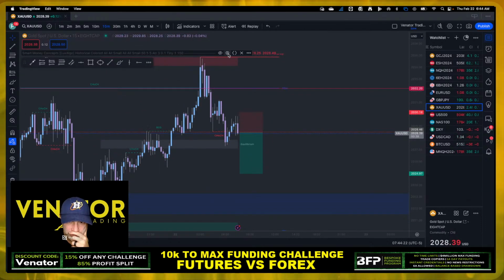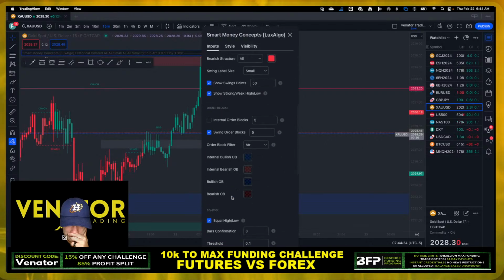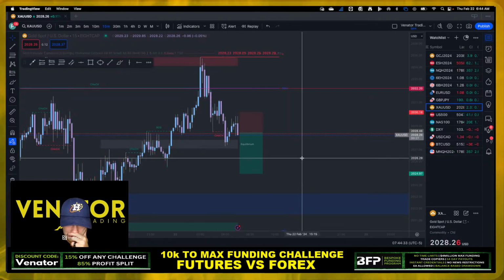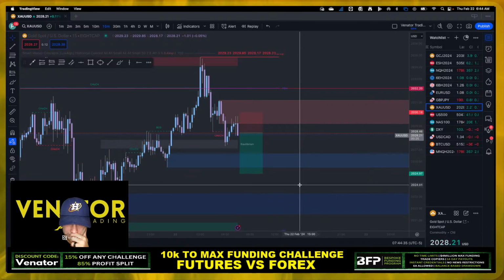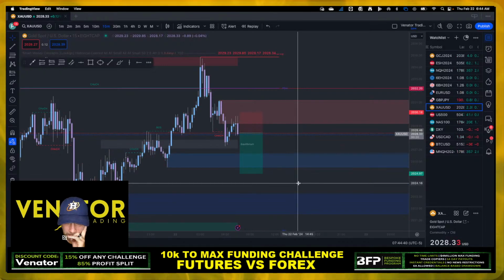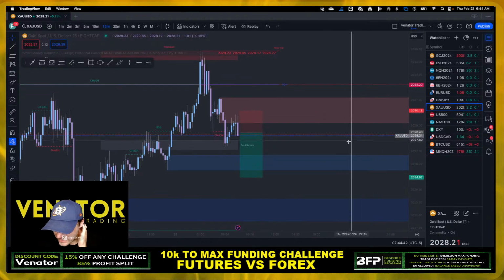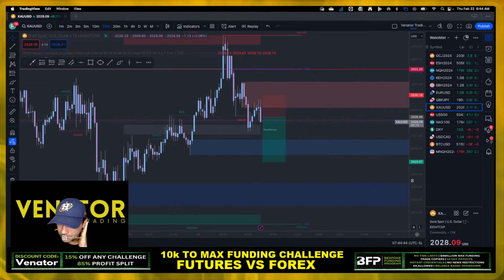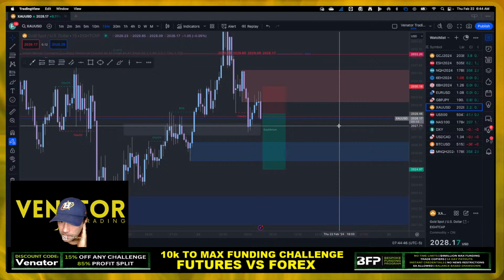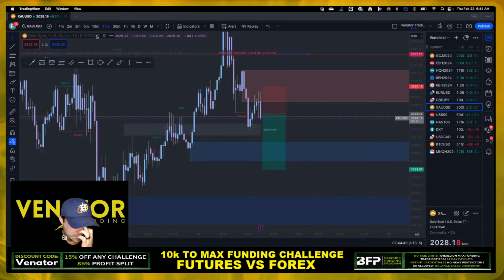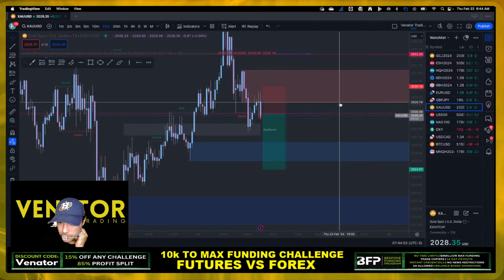I kind of like the internal order blocks though. Maybe just show the last couple of internal order blocks. Again, in the last 19 seconds here, if this thing closes bearish engulfing, which it looks like it's going to do, you could probably just do a market order here.